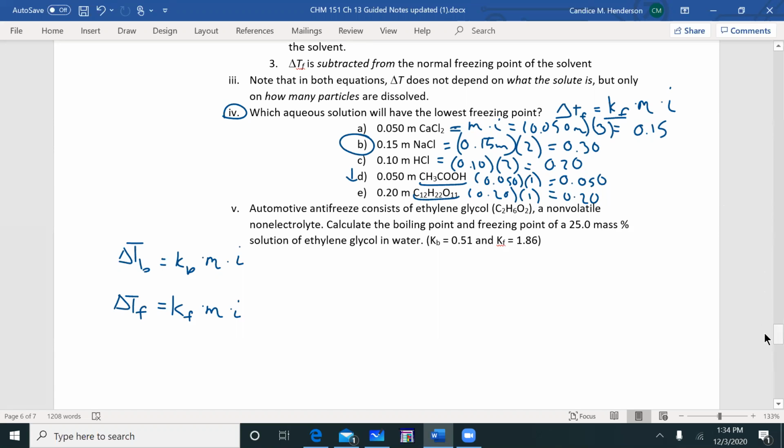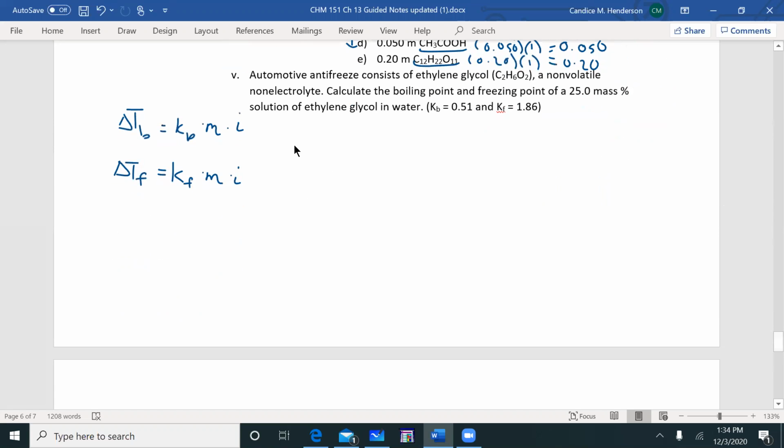So back to this problem. We want to figure out the boiling point and freezing point of something that has a 25.0 mass percent solution. KB is given, and KF I also have.